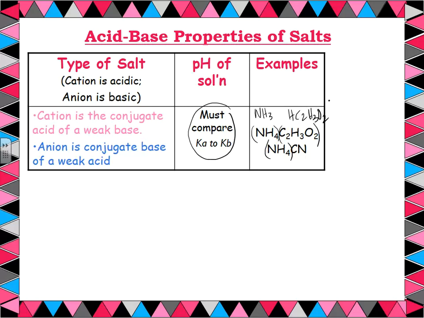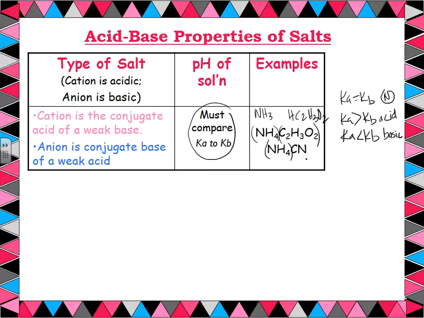And with the acetate ion, that comes from HC2H3O2, a weak acid. Now, if their Ka and Kb are equal, it would be a neutral salt. So again, if the Ka equals Kb, then it's a neutral salt. If the Ka is greater than Kb, then it's an acidic salt. And if the Ka is less than Kb, it's a basic salt.